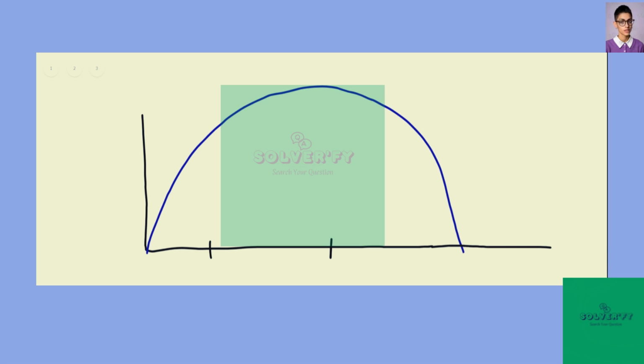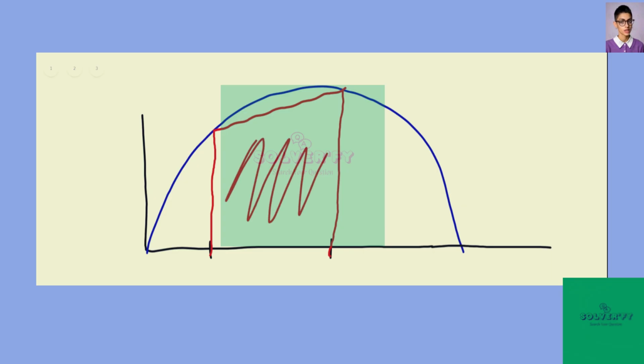So our trapezoid starts here and ends here, and then we connect the two segments. This is true for any trapezoid size we pick, but as you can see here, this is the area we estimate.